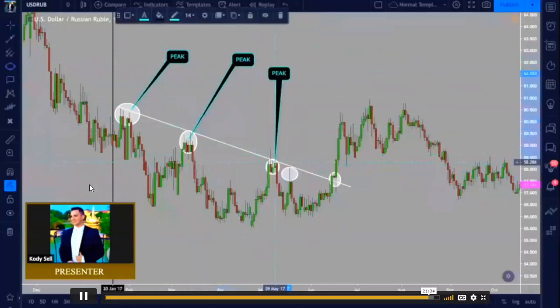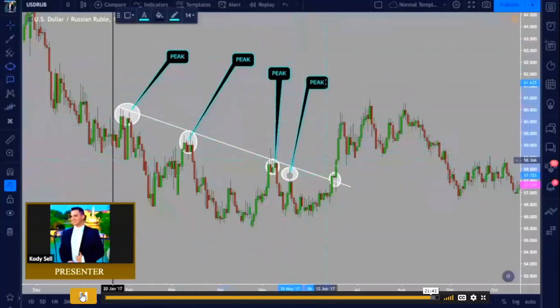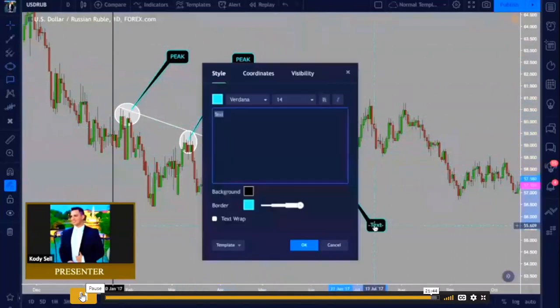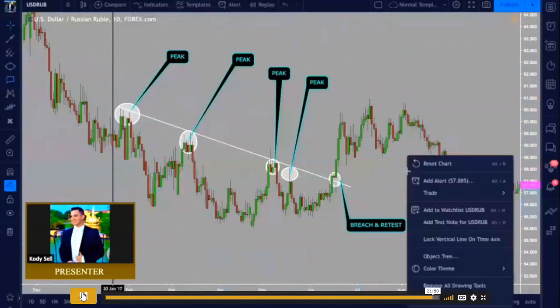So let's be comprehensive here and mark these. The slower these videos are, the better, because it ensures that there are no questions left. Breach, and retest. All right. So you see how it broke and it retested and then it went up?